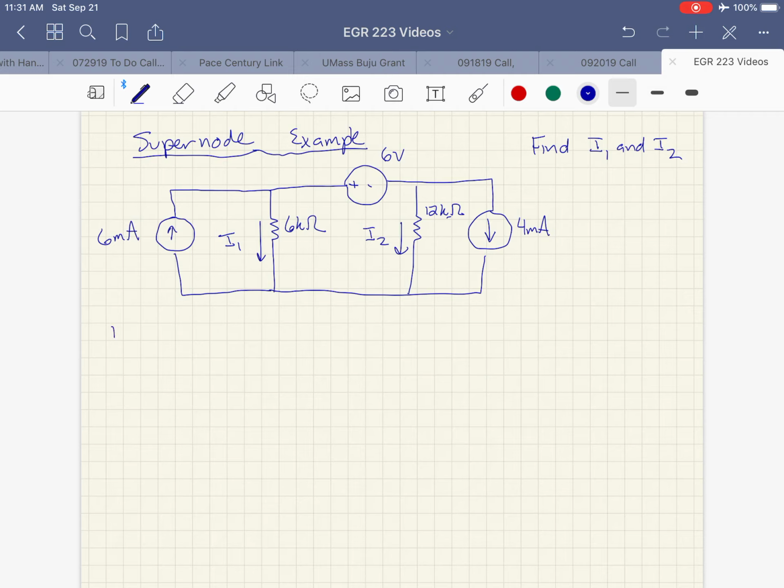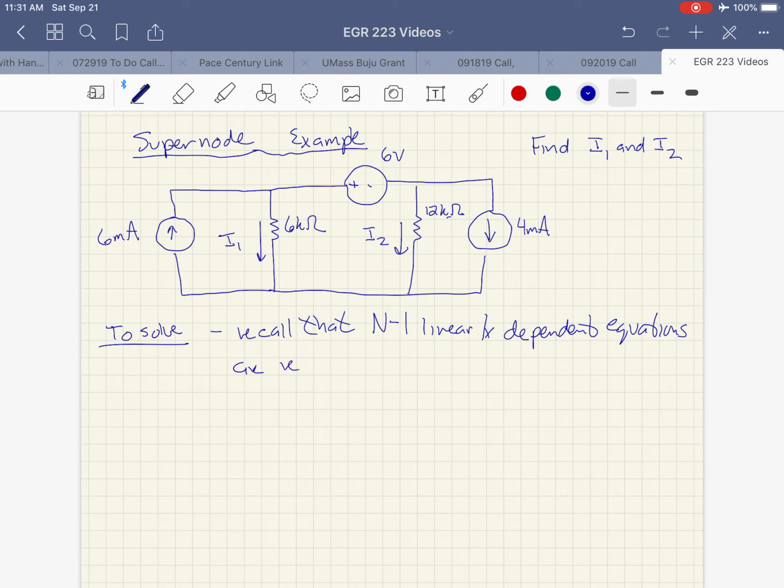So I'm going to write something down. To solve, we need to recall that n minus 1 linearly independent equations are required to determine the n minus 1 non-reference node voltages.